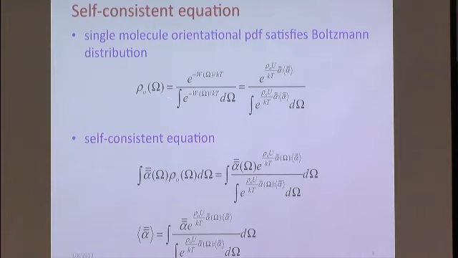From here, if we multiply this equation on both sides by alpha and integrate over all orientations, we get this simple self-consistent equation. Many times, people also subtract the trace of alpha to make the order parameter tensor traceless.